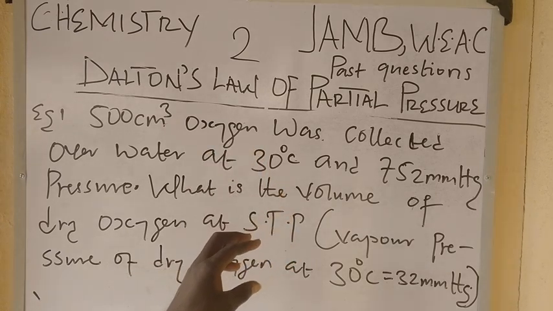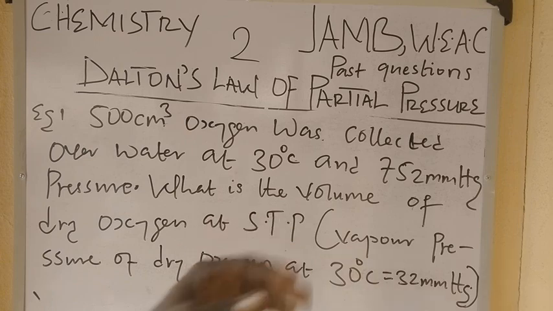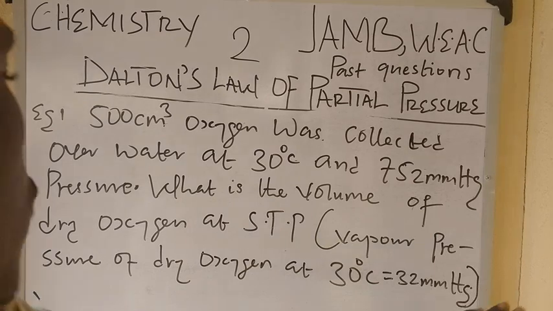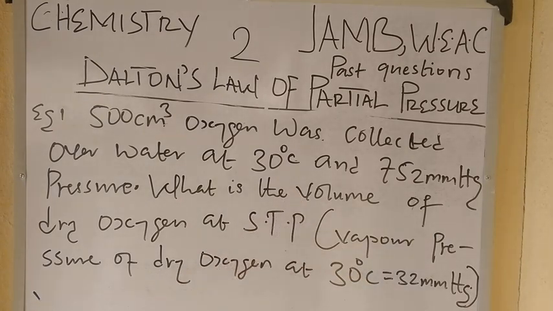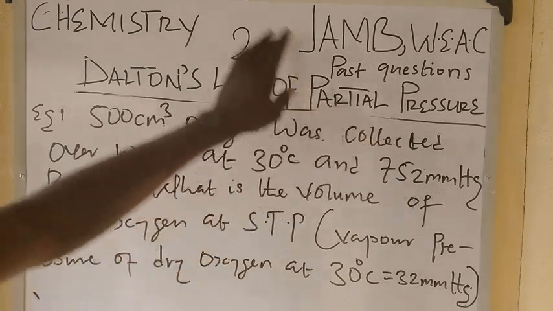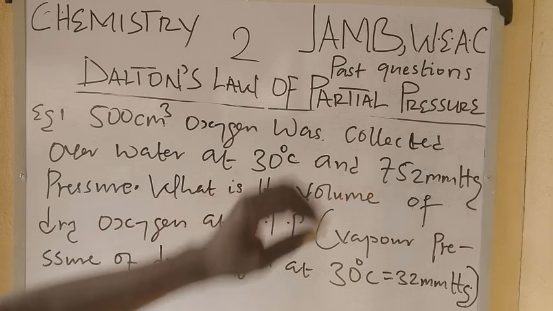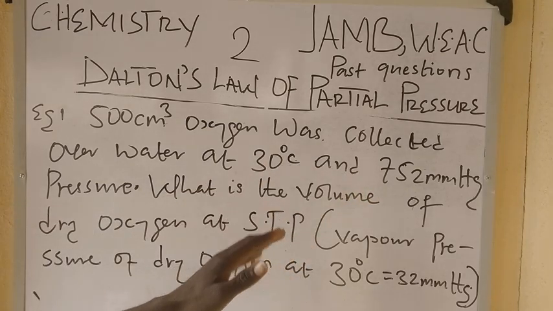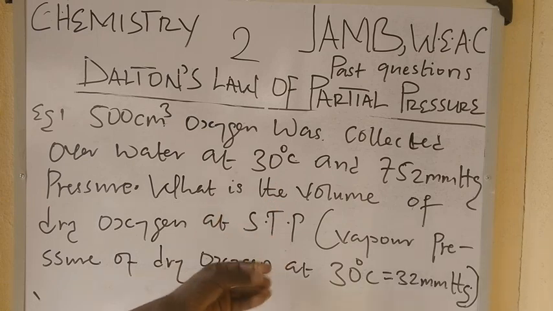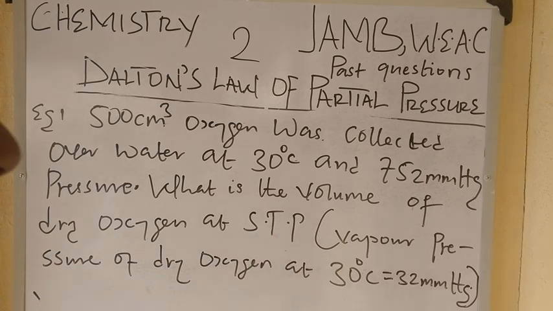Though we are using the general gas equation to calculate our volume, first and foremost, you must go to our Dalton's law of partial pressure class 1 to check the possible formulas we are able to derive.